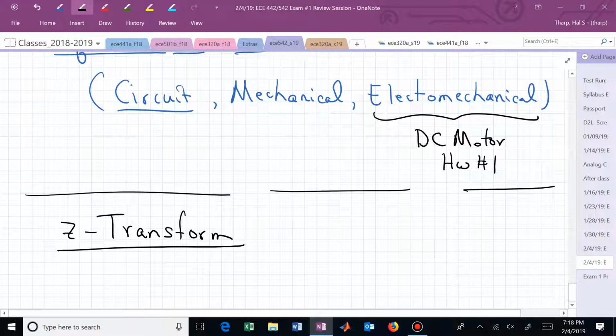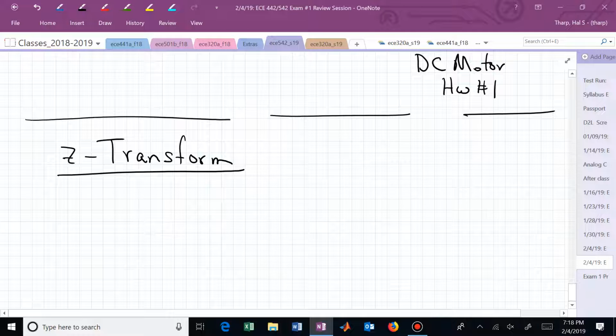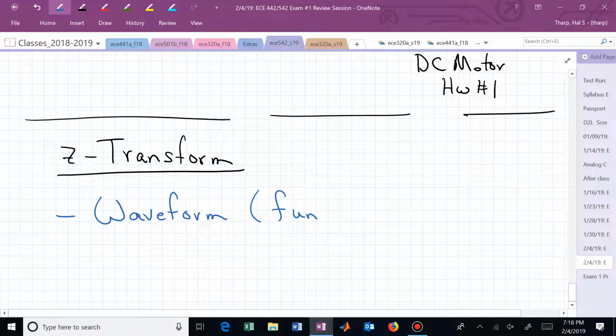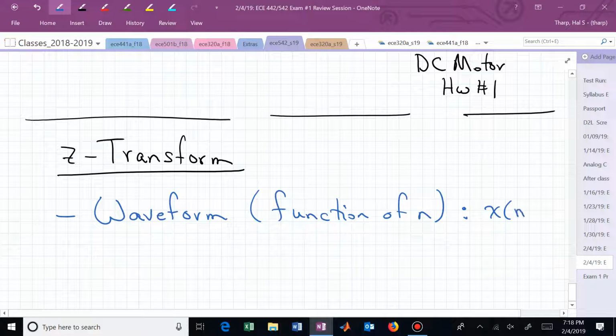You'll need to be able to do a Z-transform for many different purposes. One might be given a generic waveform or a function of n in the form of some x of n, can you find the Z-transform?